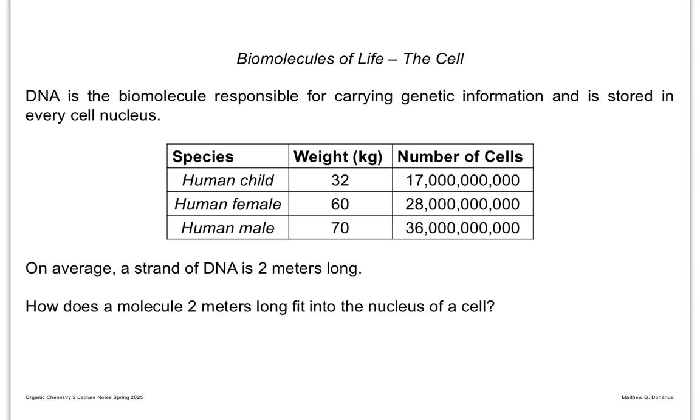Looks like about the billions, right? So how does DNA get stored in a cell if we have so many cells? The average DNA strand is 2 meters long, so it's like 6 feet or something, right?